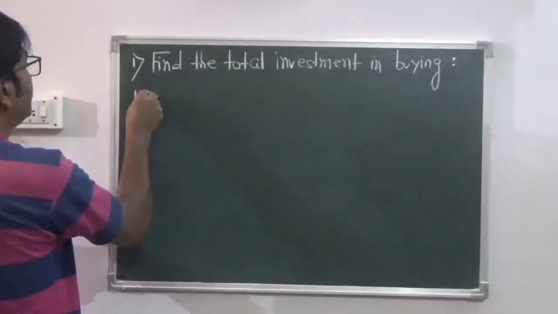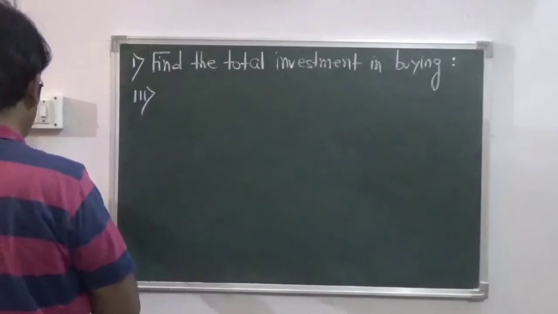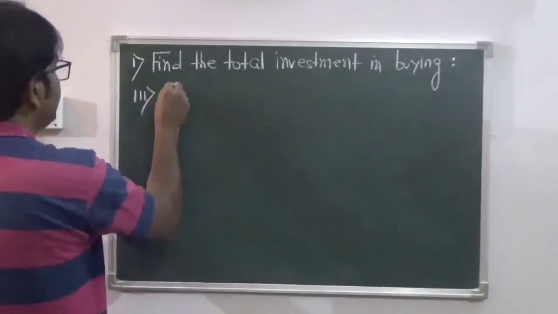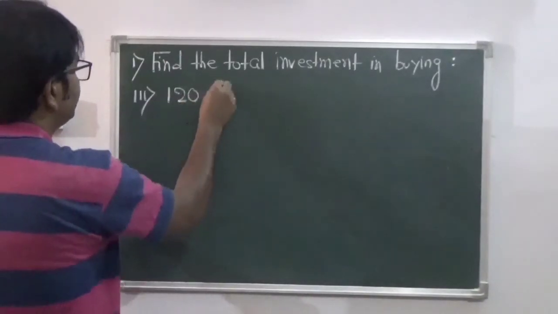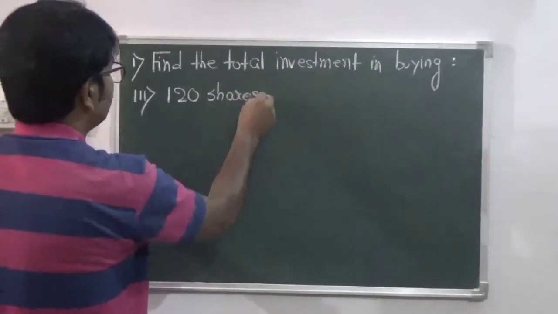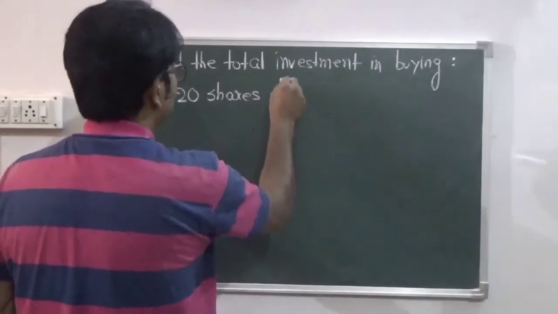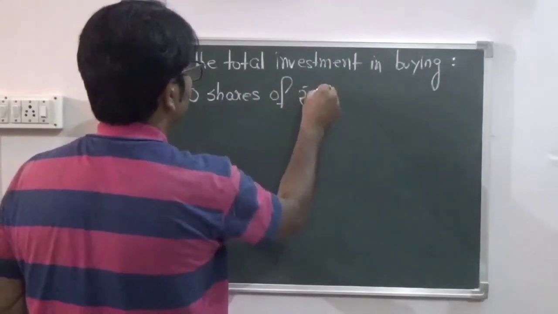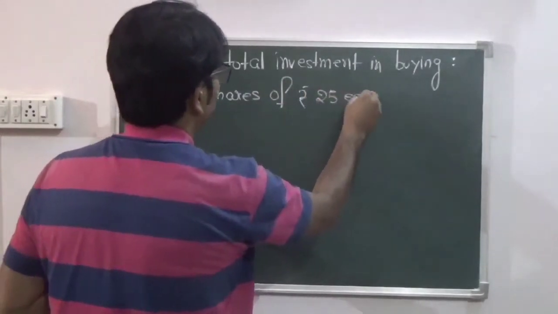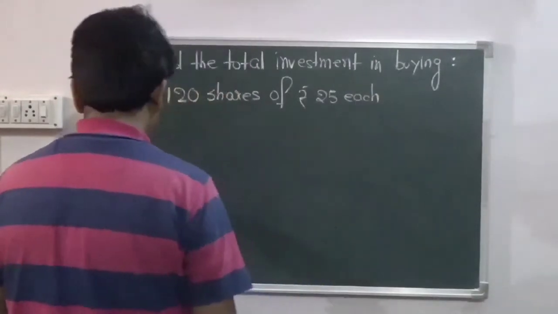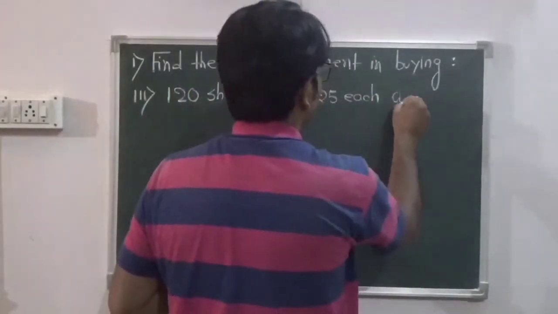Number 3. 120 shares of rupees 25 each at a discount of rupees 5.